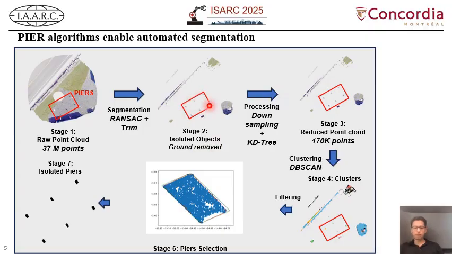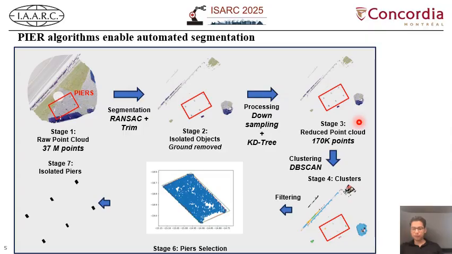After that, we're going to reduce the density of the point cloud to make the software run faster. To do so, we have a downsampling step, which just consists in diminishing the density of the point cloud while keeping the overall geometry and the overall structure.